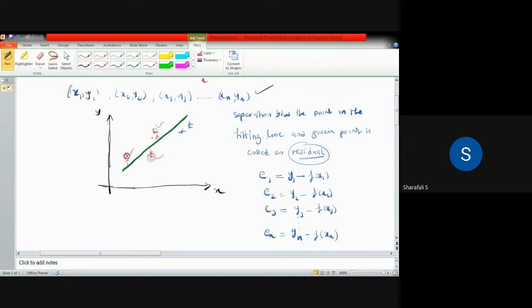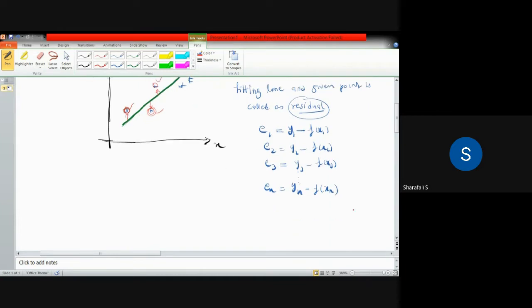So if you want to give them equal importance, then we have to take the square of all these y values. Then it will be positive always. So as we have to give importance to all these points, we have to consider the square of these residuals.